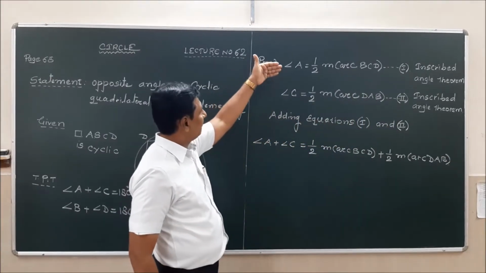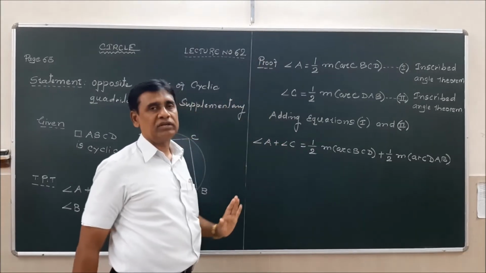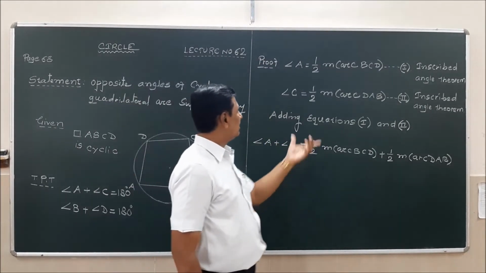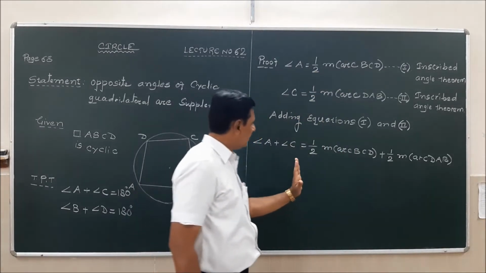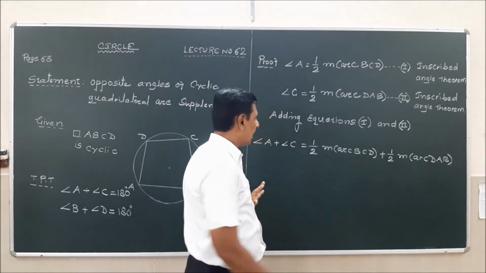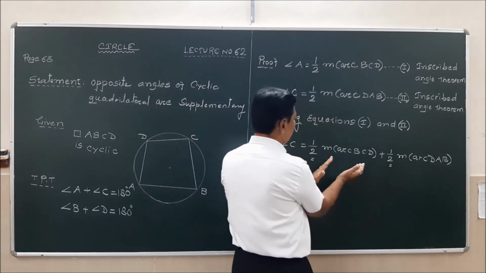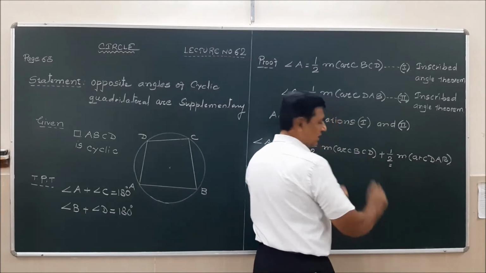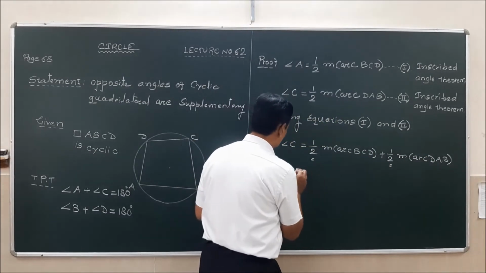I add left hand side of 1 plus left hand side of 2. I want it as A plus C. Likewise, right hand side of 1 plus right hand side of 2. Now, very easily you can notice one thing, that half is common, and these two terms are separated by plus sign. Correct? So, I'll take half as a common.